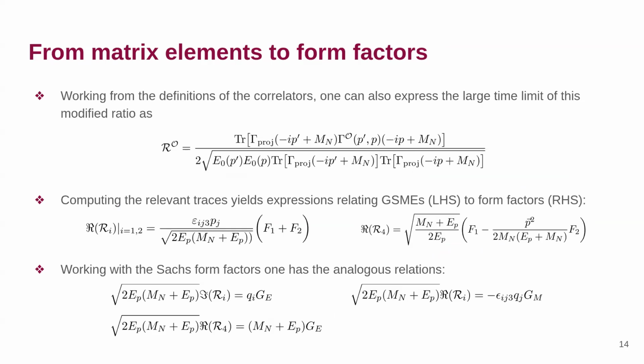Now, pushing forward in the calculation, what we will need to do is connect these matrix elements that we've extracted from our fits to the form factors that we are trying to solve for.